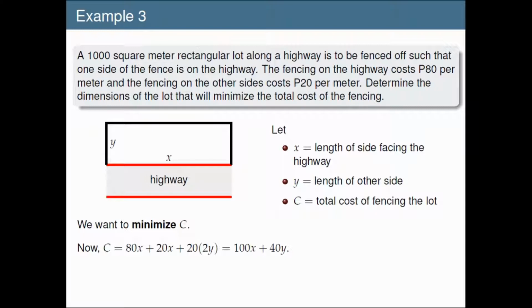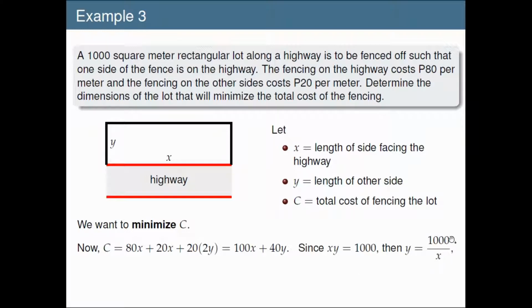We now express y in terms of x. Since the area of the lot is 1,000 square meters, yung area na yun ay equal din sa x times y. So, xy is 1,000. And y is 1,000 over x.